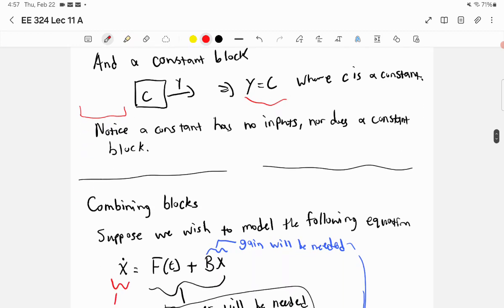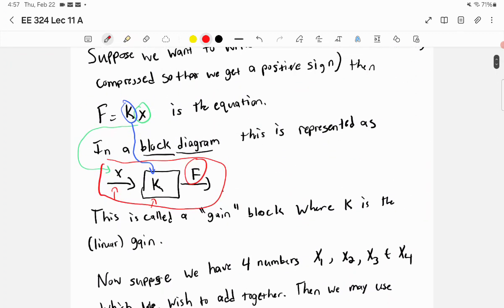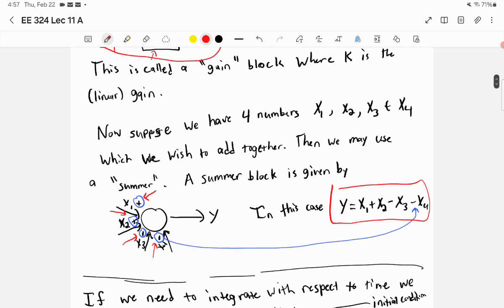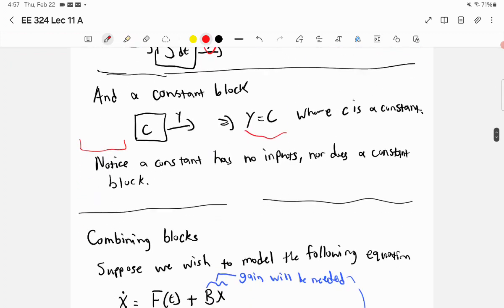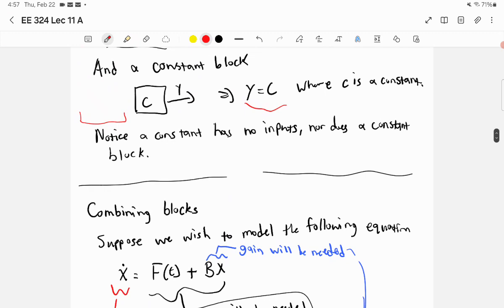Now, what we're going to want to do is be able to combine these fundamental blocks. As I said, there's going to be more that will arrive later, but at the moment, these are the fundamental blocks we'll be working with. We want to combine them so that we can write out an equation, but in block form. The reason for doing this is that you'll be able to actually build these block diagrams in Simulink in MATLAB.